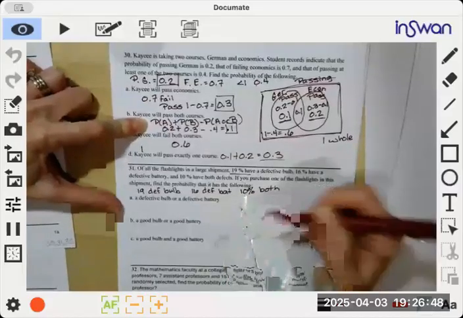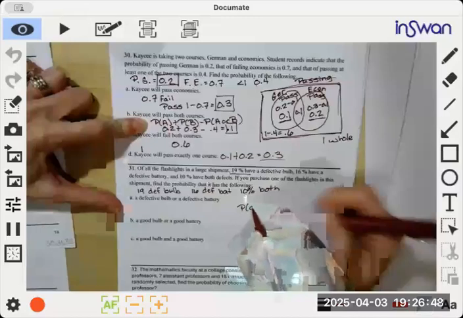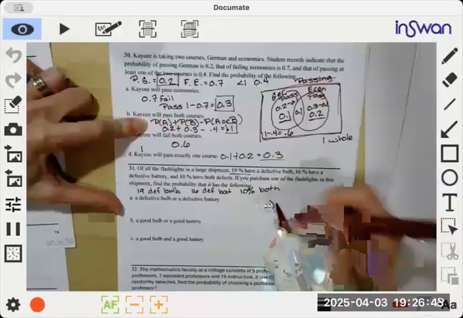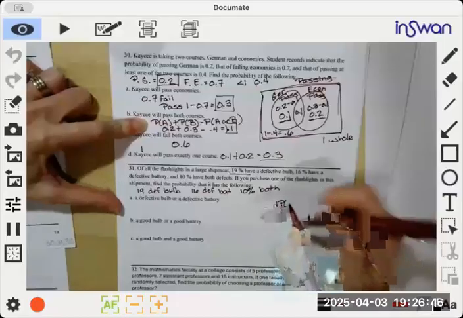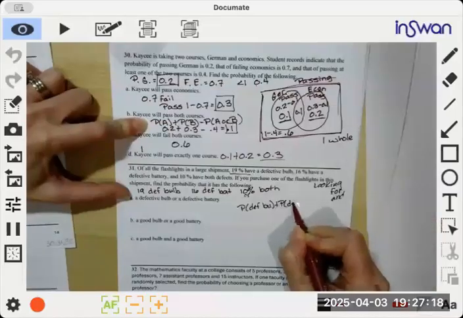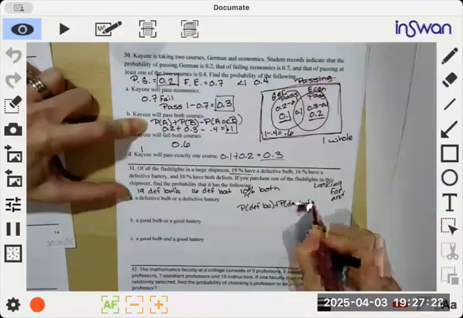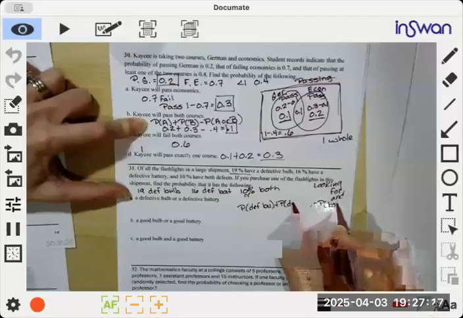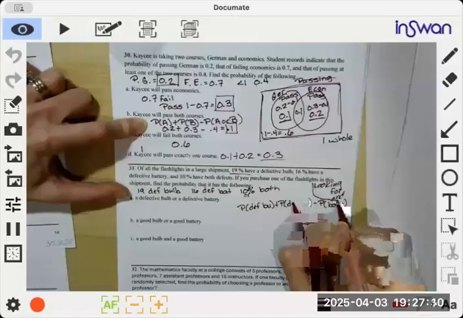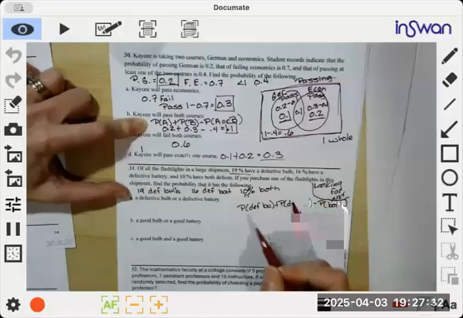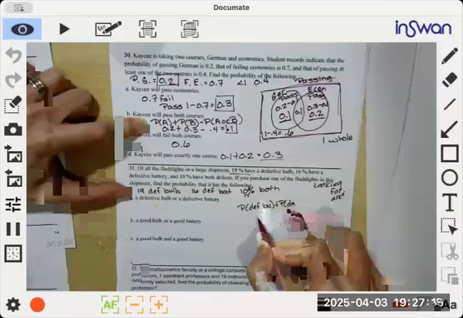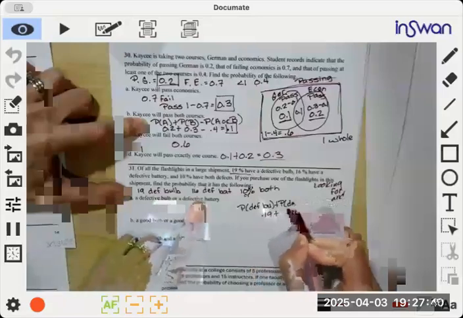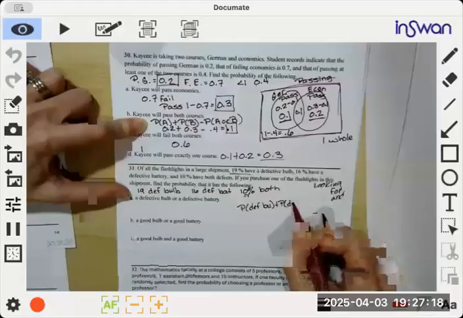So we're going to have probability of defective bulb plus probability of defective battery. I'm running out of room here. Minus the probability of both. The probability of defective is 0.19 plus 0.16 minus 0.1.